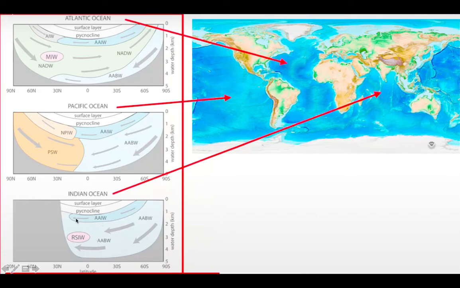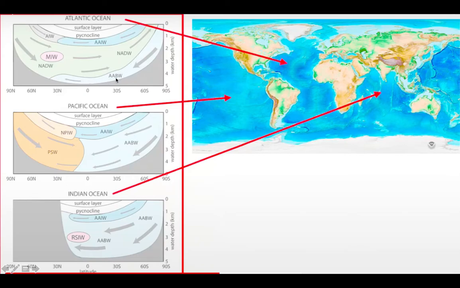This is the Indian Ocean. In the Indian Ocean we have three major water masses: AABW, Antarctic bottom water, Red Sea intermediate water, and Antarctic intermediate water. Now sometimes they simply ask to arrange the water masses according to their depth. So let's say Atlantic.